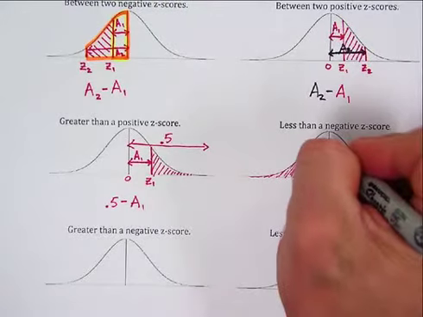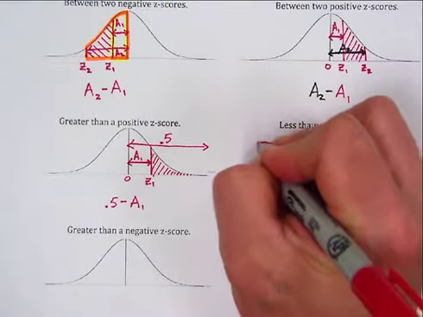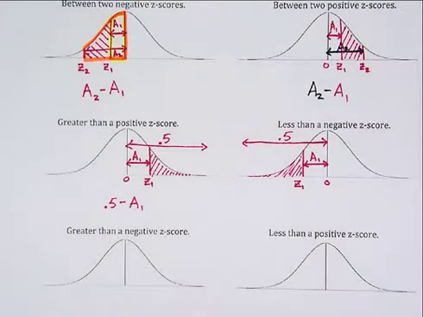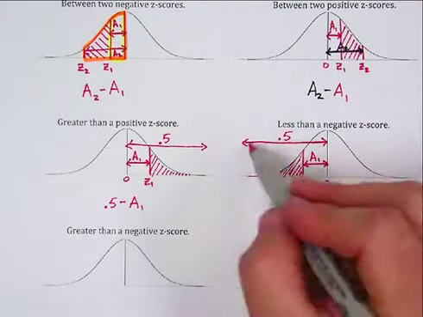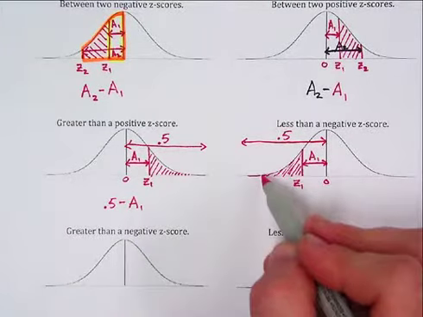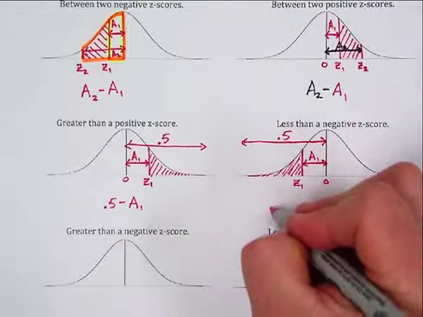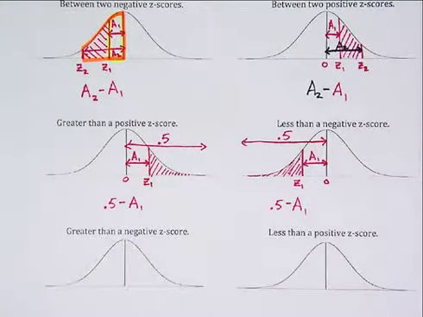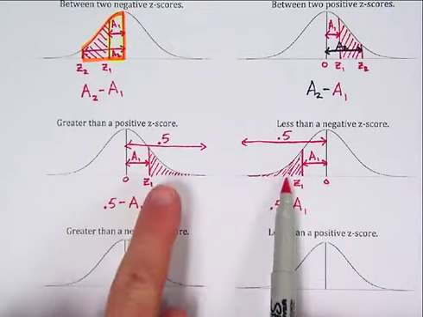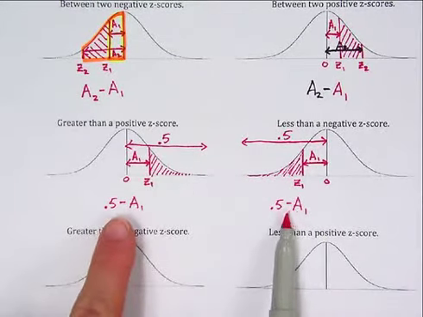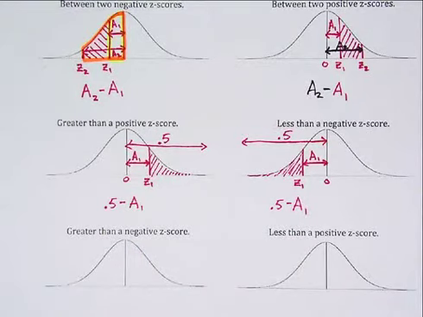And we use the fact that everything to the left of the mean is 0.5. So taking 0.5 and subtracting area 1, we're getting the area we're looking for. So it's 0.5 minus a sub 1. So in both these cases, if you're looking for just the little tail, you're going to go 0.5 minus the area found in the table.